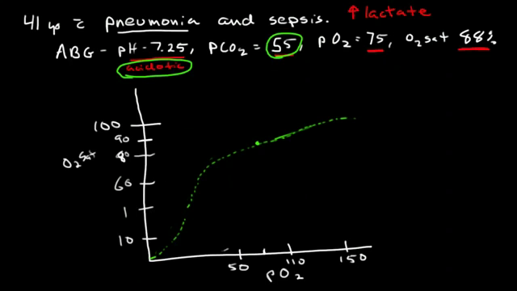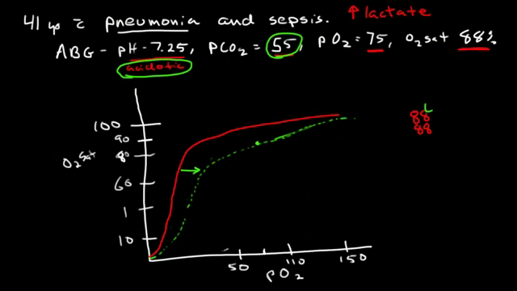So the normal curve would have looked something more like this. Okay, so this patient has shifted to the right, and this is because the patient has looser binding on the oxygen receptors of the hemoglobin.